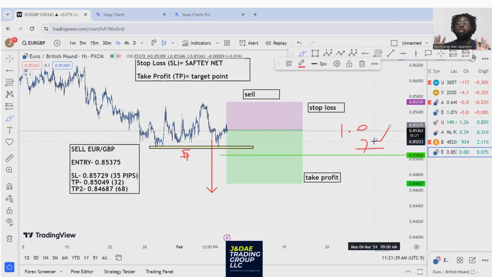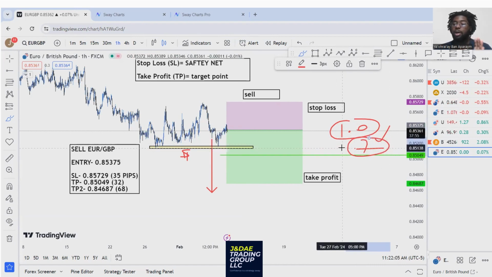Because you were going to lose $350 if you entered at the entry, but if you enter 10 pips late and still use the same standard lot size, instead of $350, you lose $450. That's a $100 difference. Now if you use a 0.7, even though you're 10 pips late, you'll still only lose about $300. So you're still good. If you enter a little bit late, 10 pips, but you use a small lot size, that's okay.